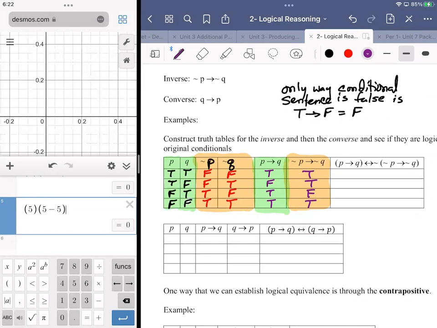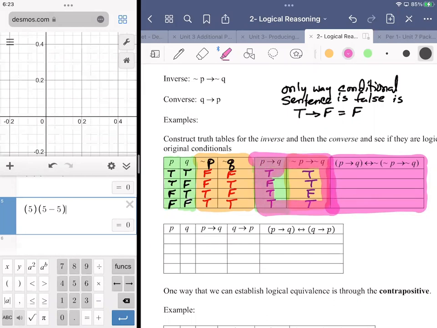All right. So then we get to the biconditional. All right, this is trying to establish logical equivalence between these two relationships. All right, so when I'm looking at this one, I'm comparing it to the two that came before. All right, so now I'm looking at these two.